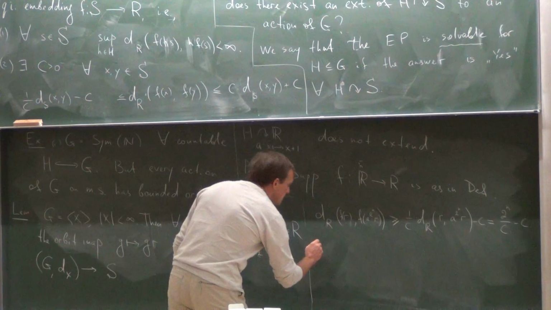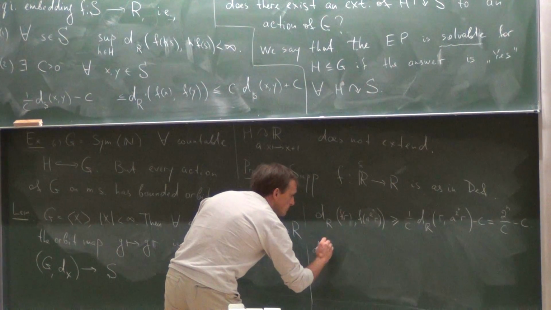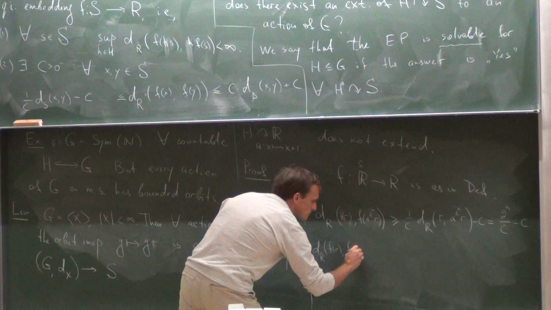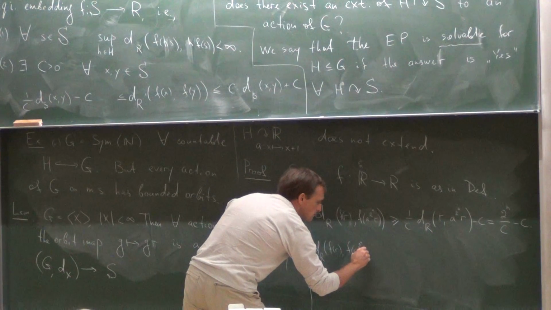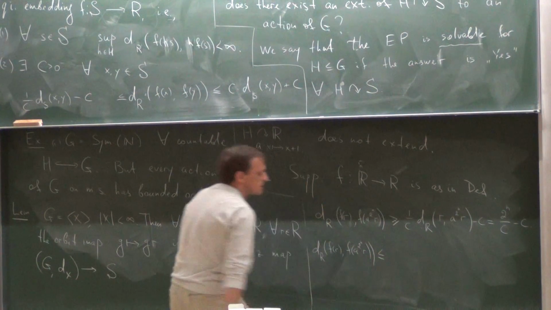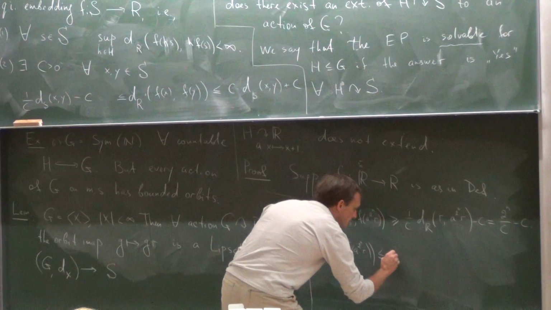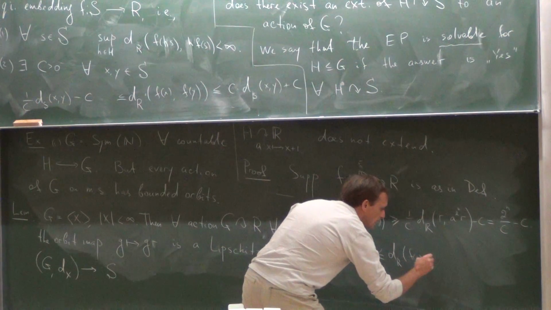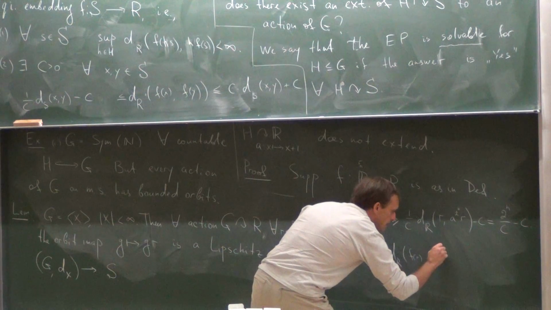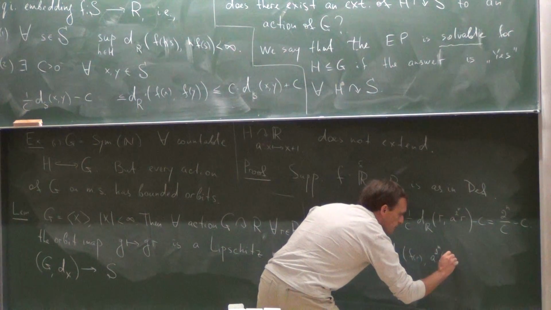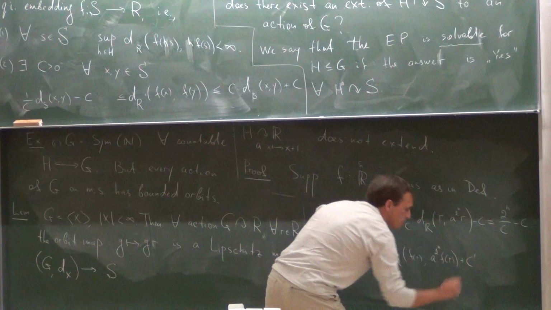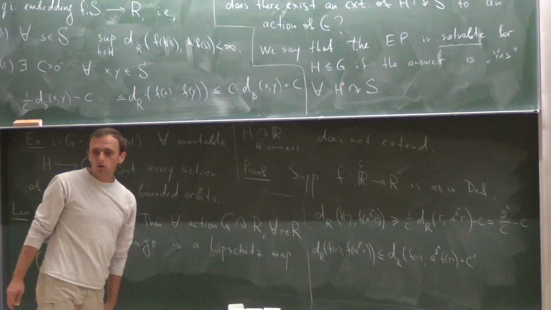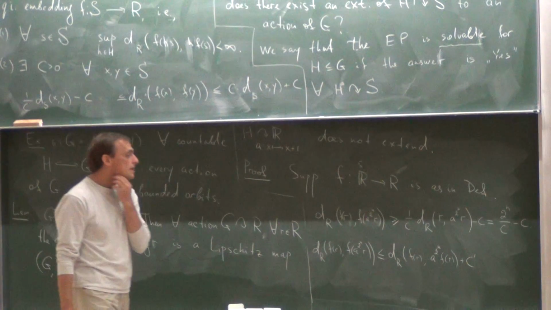On the other hand, this distance is less than or equal to the distance between f of r and a to the 2 to the n f of r plus some other constant c prime, where c prime measures this almost H equivariance.